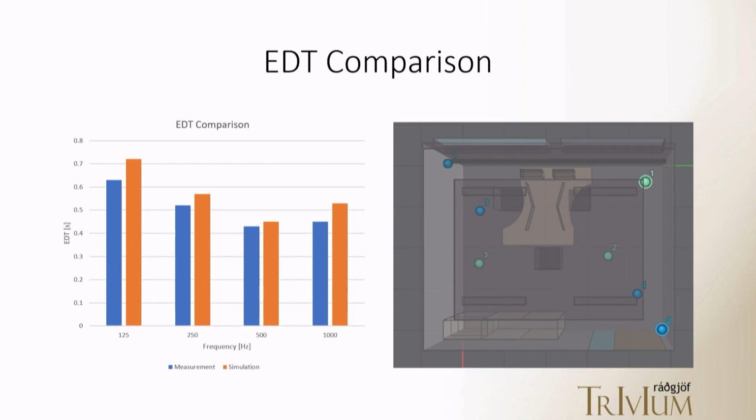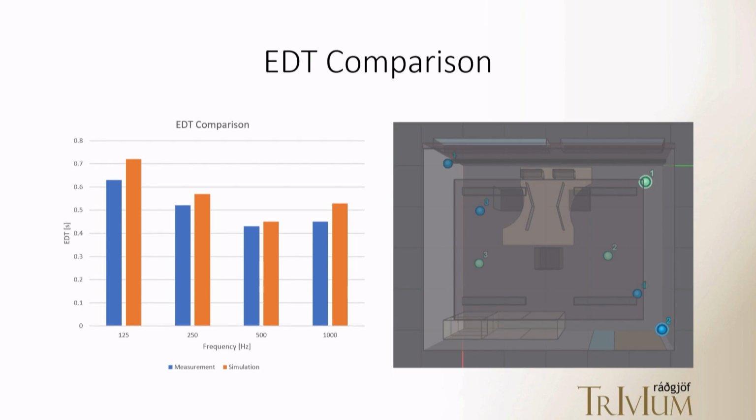So the next thing to compare is the early decay time, or the EDT. Now that comparison is rather more tricky, since EDT is rather spatially dependent. It depends quite heavily both on the location of the source and the receiver. But this can at least give us some indication, by moving things around in the room, of whether Treble and the measured response follow each other.